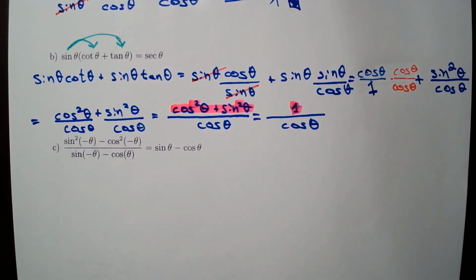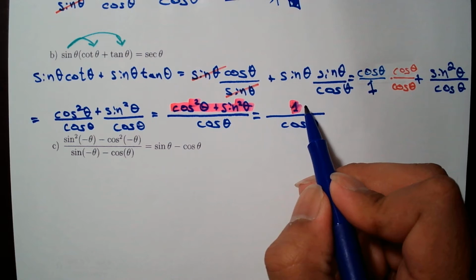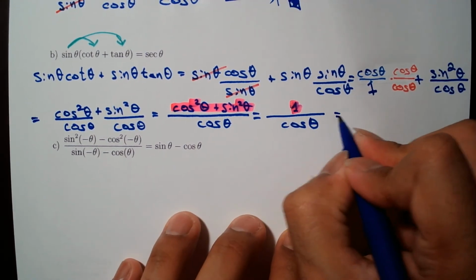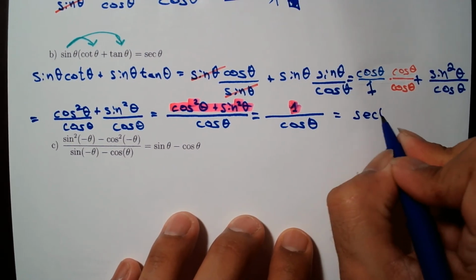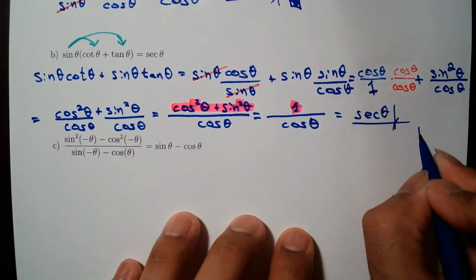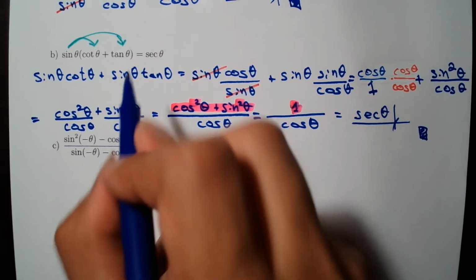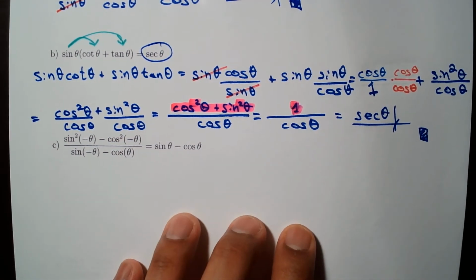And in the end, what do we get? We get 1 over cosine, which is the same as secant theta, which is what we wanted to show, isn't it? That's secant.